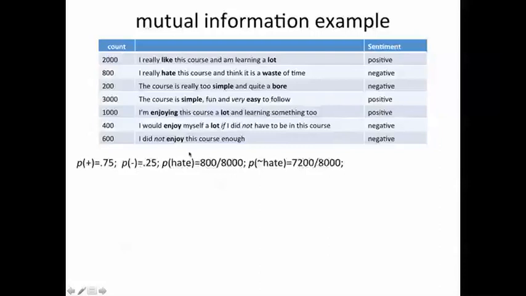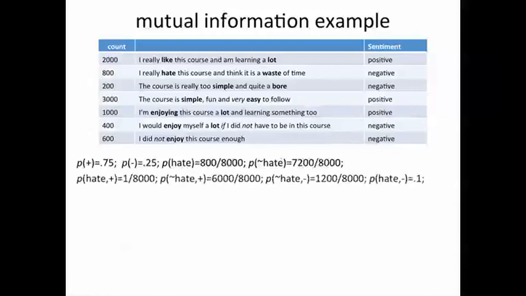The probability that hate occurs in a comment is just the ratio of hates out of the total number of 8,000 comments, and similarly the probability that hate does not occur. The joint probabilities are a little more tricky. They're a little different from the conditional probabilities that we had earlier.